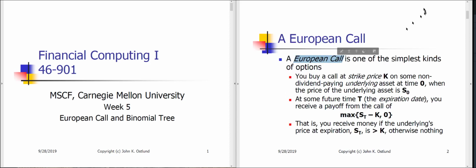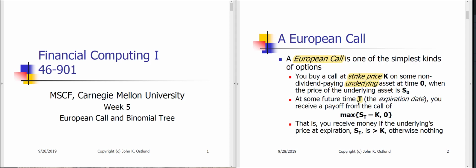So a European call is just about the simplest kind of option that you can have. When you buy a call on some underlying asset, such as a stock or a crude oil futures contract or something of that kind, you specify the strike price above which you believe the underlying asset's price will rise over a certain period of time.